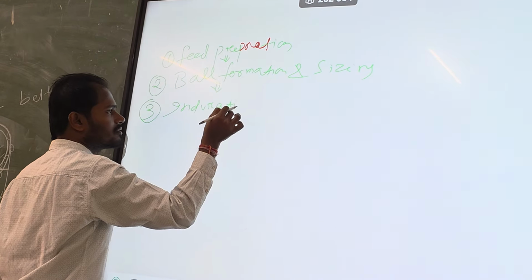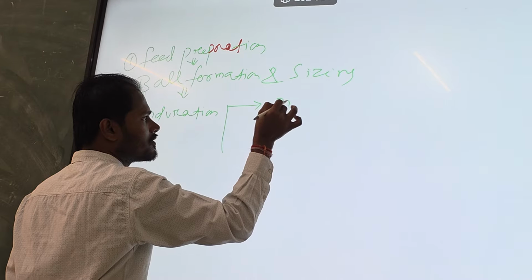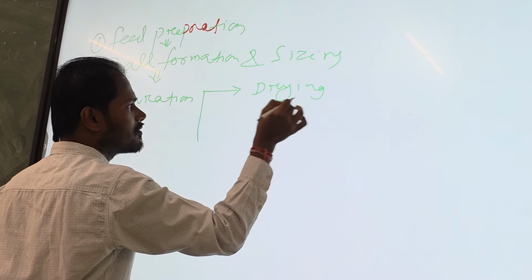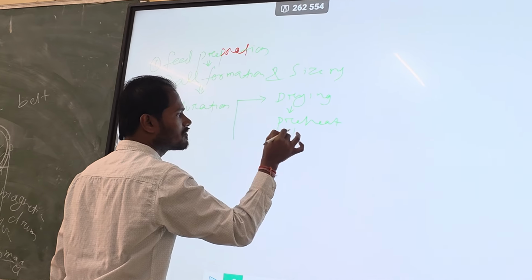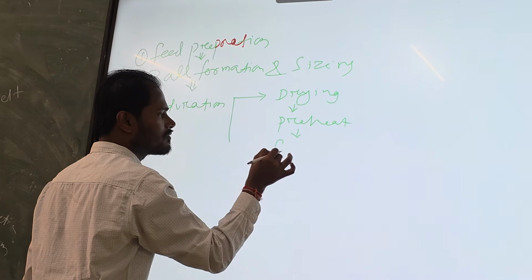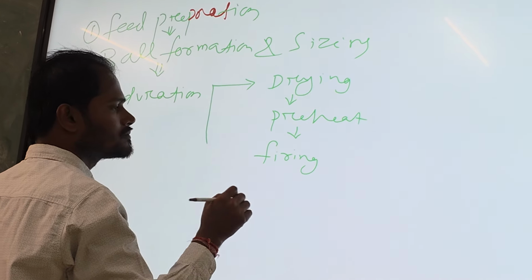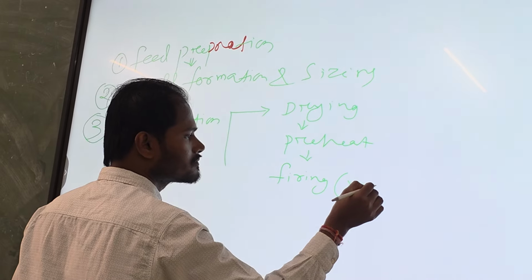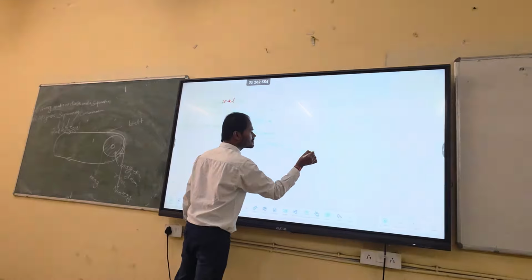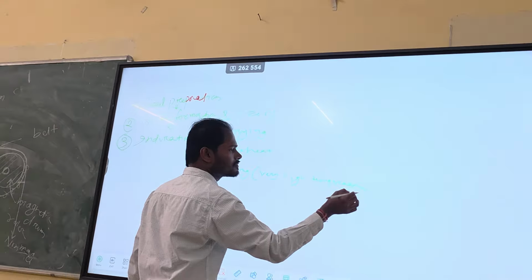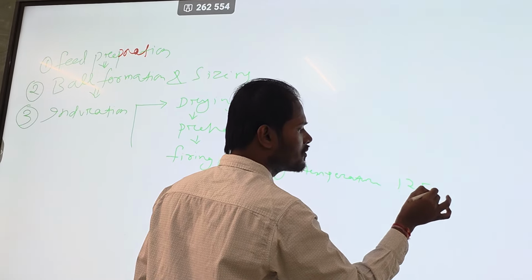Induration. So induration basically happens around 1250 to 1300.